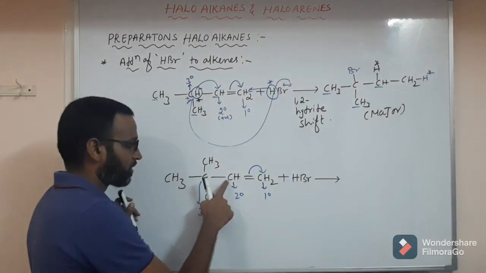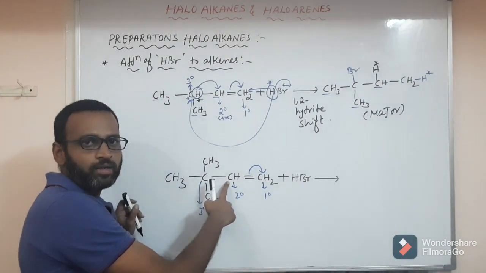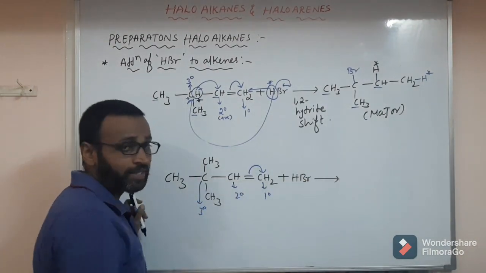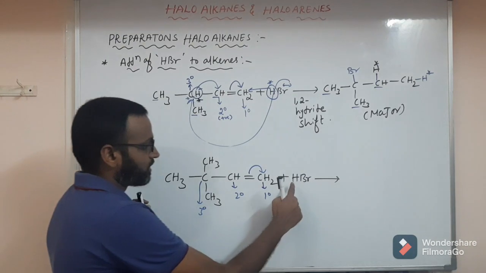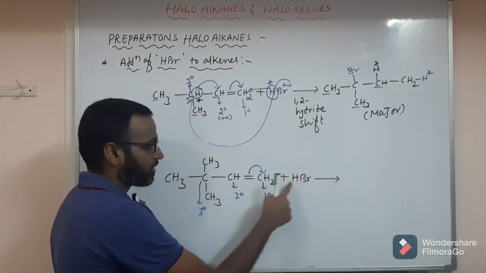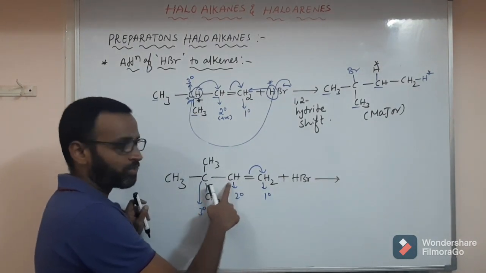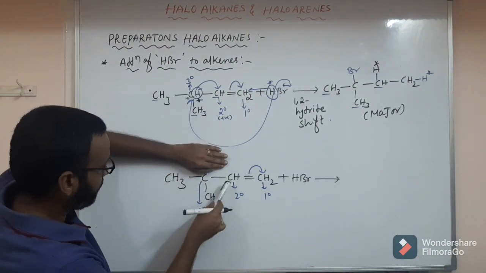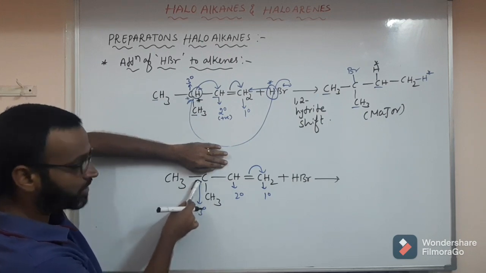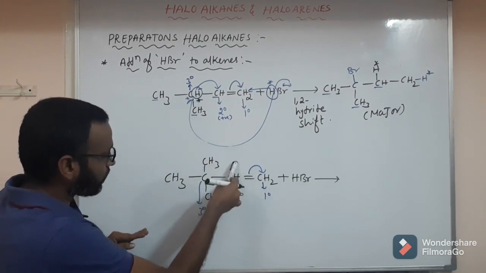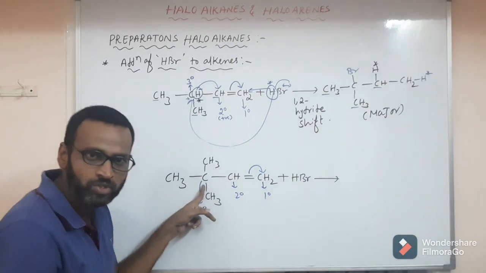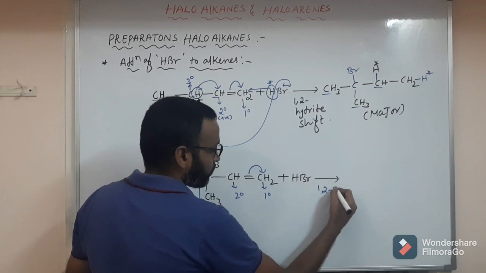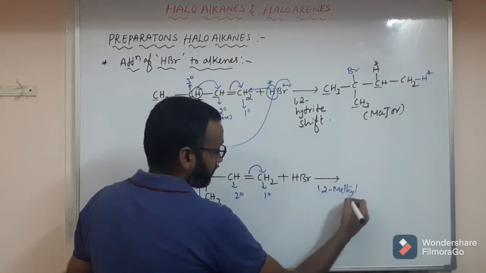A positive charge is always more stable on secondary than primary. So first this hydrogen will come over here, so that here there is a positive charge, but it is secondary. If this methyl is not there, then 1, 2, 3, this will be tertiary. So this methyl can shift over here, so that a tertiary carbocation is possible there. So what shifting happens here? 1,2 methyl shift.